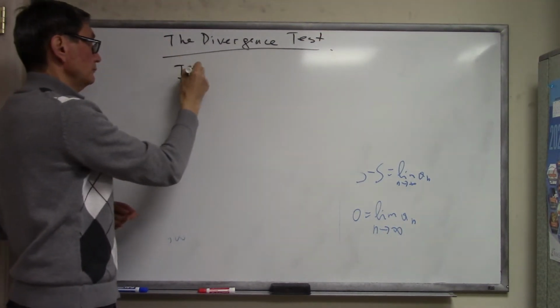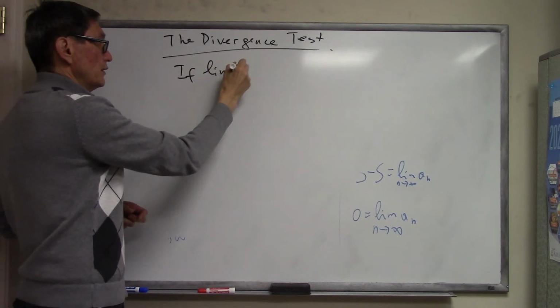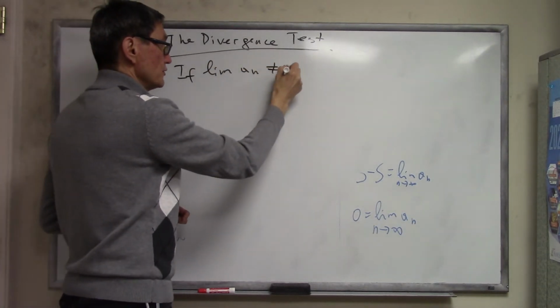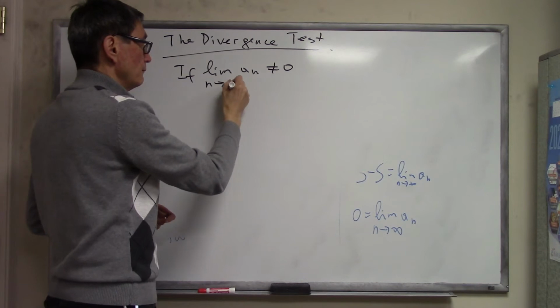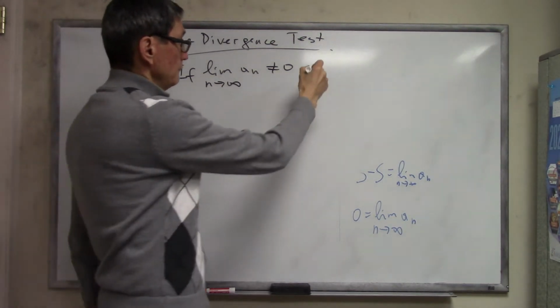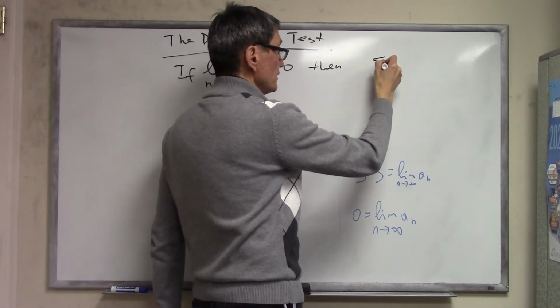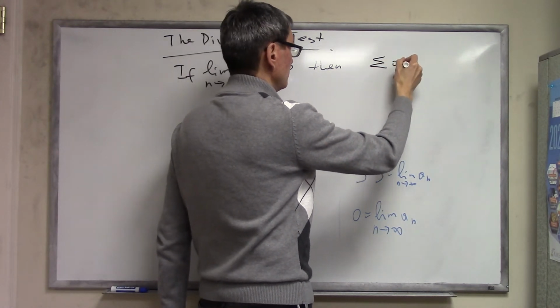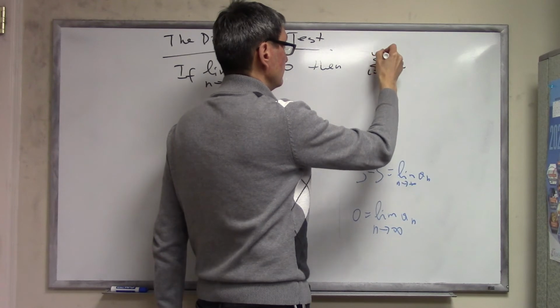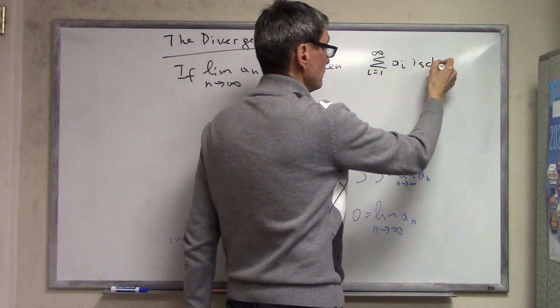If limit of an is not equal to 0, then the corresponding series is divergent.